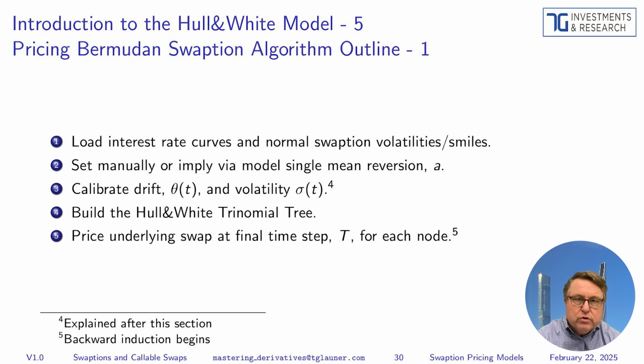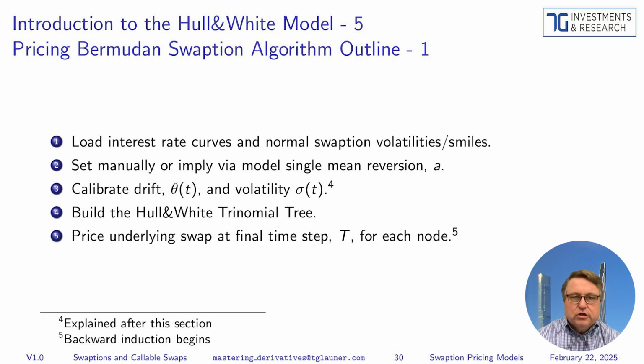We'll now go through the algorithm of pricing a Bermudan swaption on such a tree. The first step is to load the interest rate curves and the normal swaption volatilities and volatility smiles from market data. These inputs define the starting condition for rate evolution and option pricing. Next, we either set a single mean reversion parameter a manually or derive it from market data using a model.